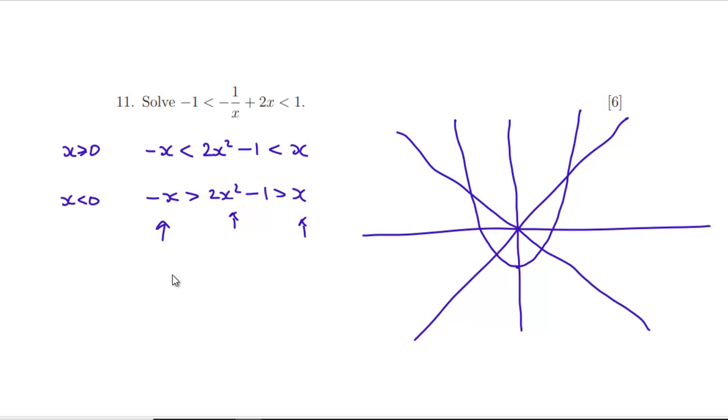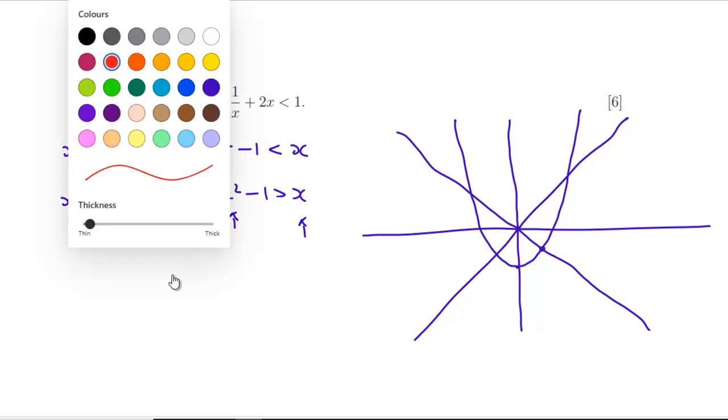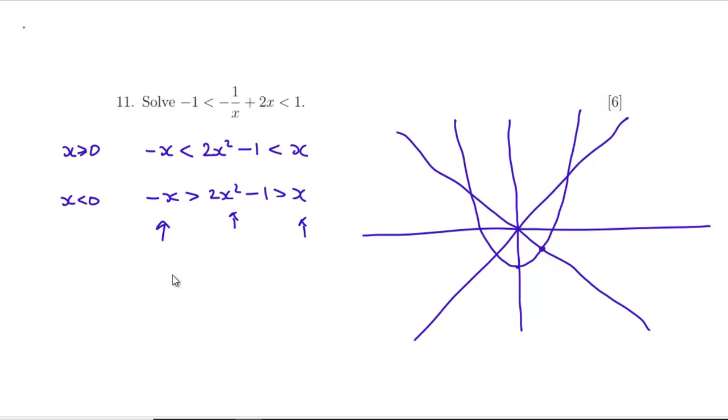Okay, so for positive x, we want the bit of the parabola that is between, so it needs to be above the minus x bit and below the, let's change color on this so I can see what I'm doing. So it needs to be above this and below this.